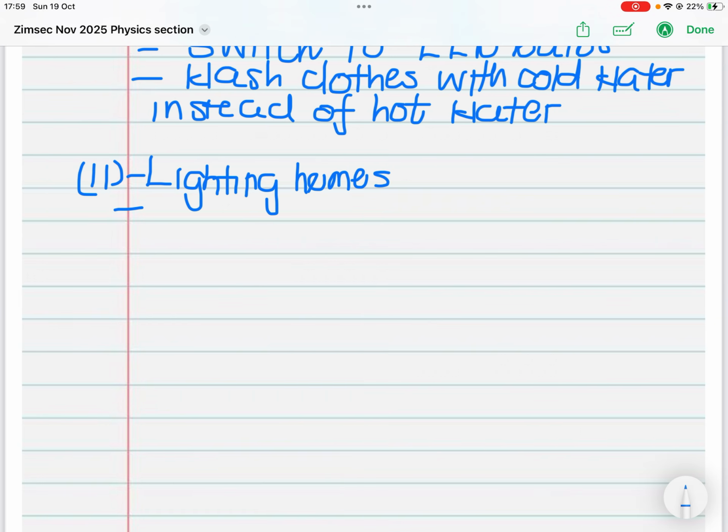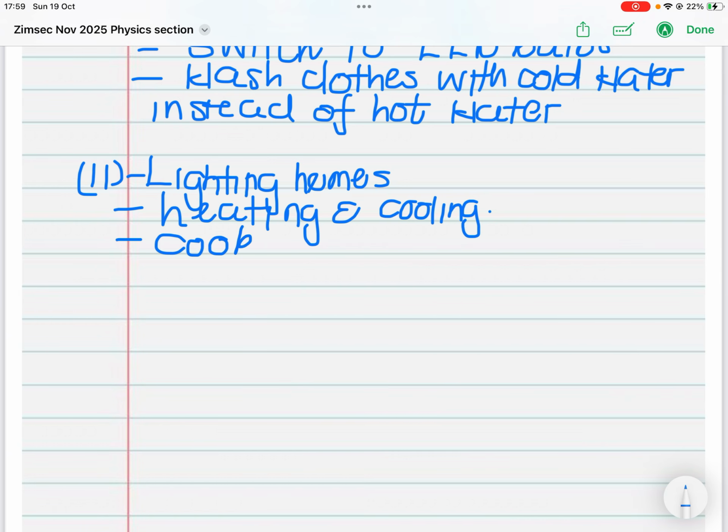We also need electricity for heating and cooling, for cooking, and for water heating.